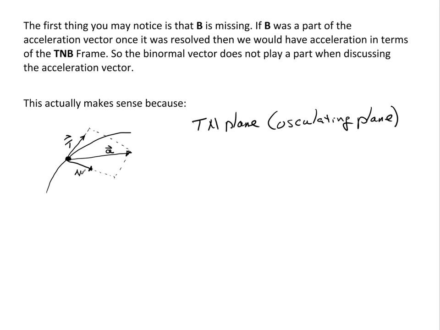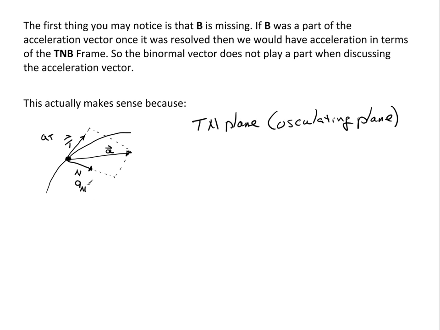Now, very commonly, we use a sub T to represent the component in the direction of the unit tangent vector, and a sub N to represent the component in the direction of the unit normal vector.